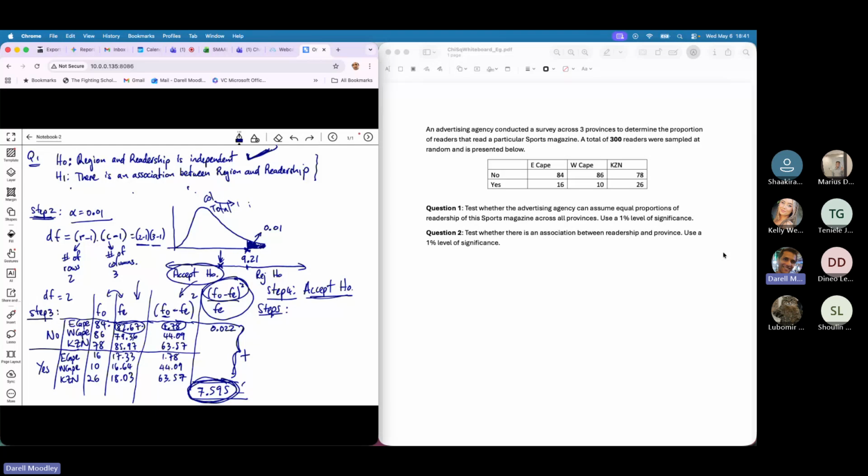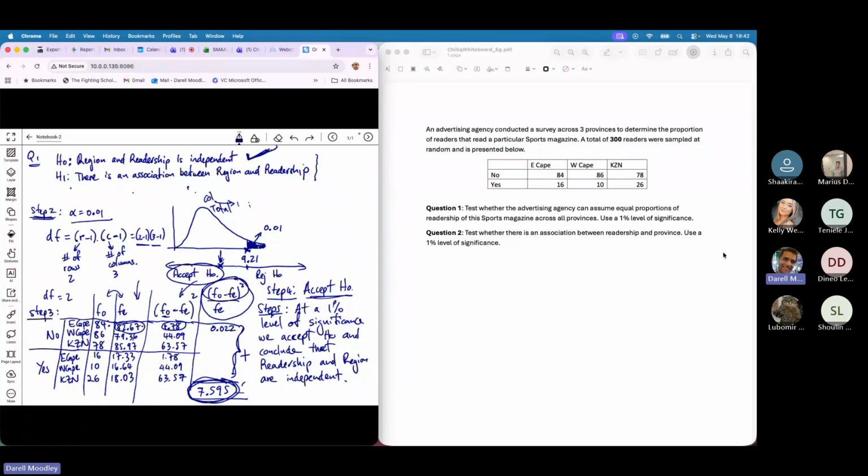So you would say it at a 1% level of significance: we accept H naught and conclude that readership and region are independent. And that's it. That's question 2.